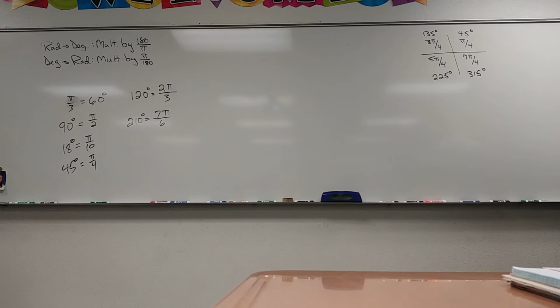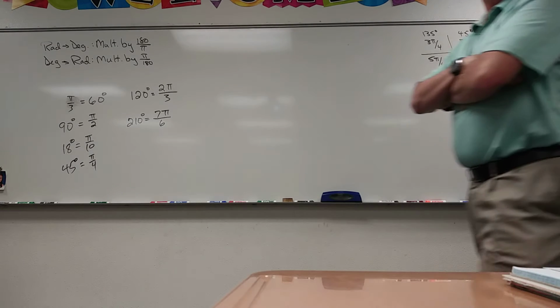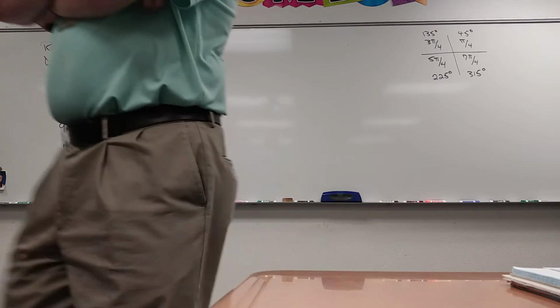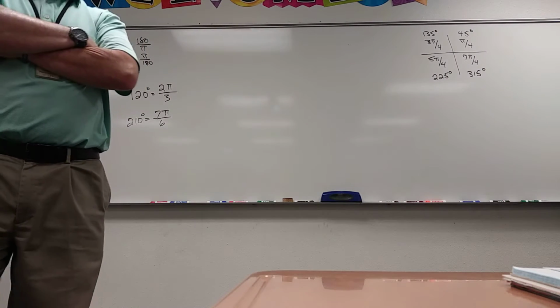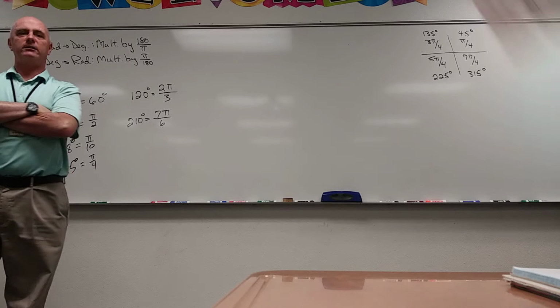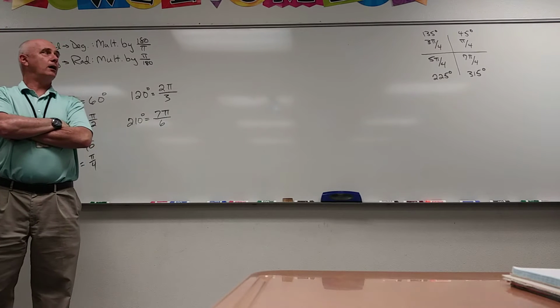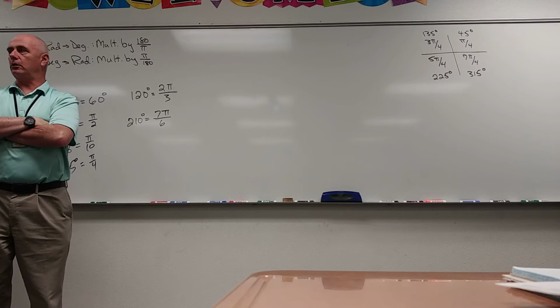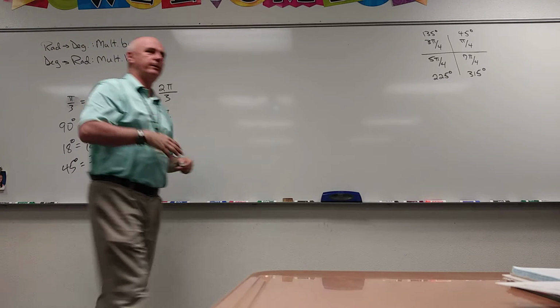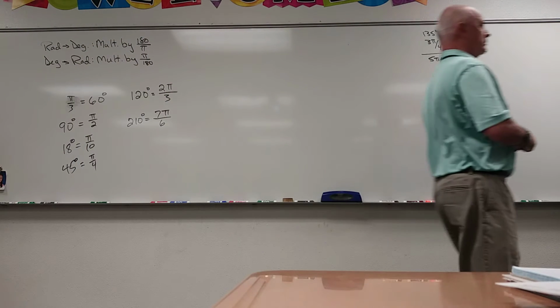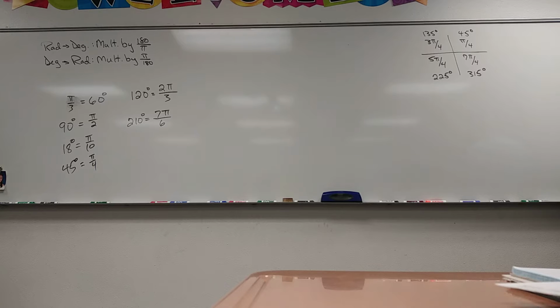So this is just something to kind of have in your pocket. You might want to write this stuff down. This is good stuff, because this will pop up as we go along. And we start asking what's a 45 degree angle in the fourth quadrant?